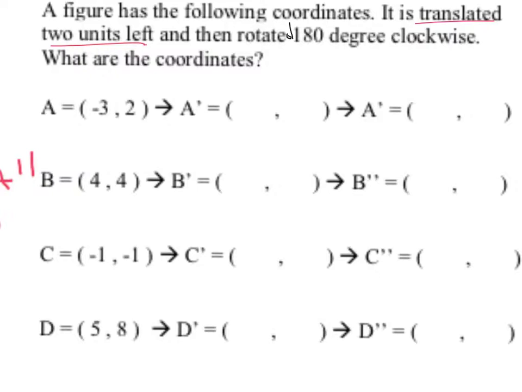Add -2 to the x. So left takes us in the negative direction on the x. So I'm going to add a -2 to all of my x's. This is my first transformation here: -5, 2, -3, 3. There's no transformation in the y direction at this point, so we're going to leave this the same.